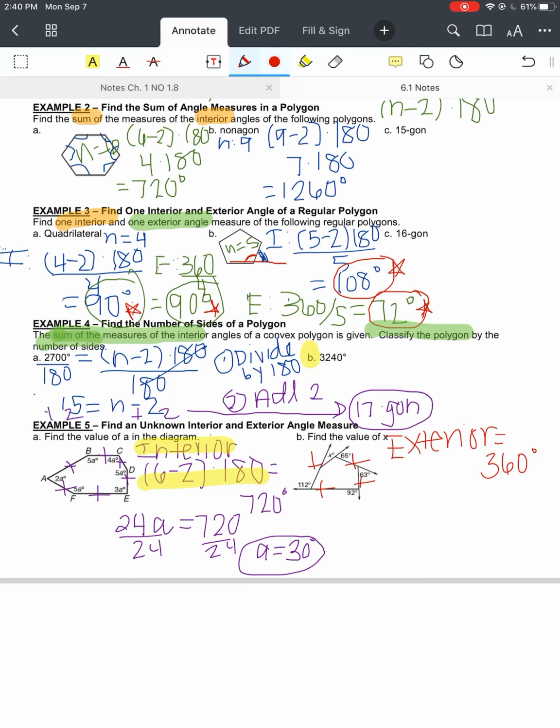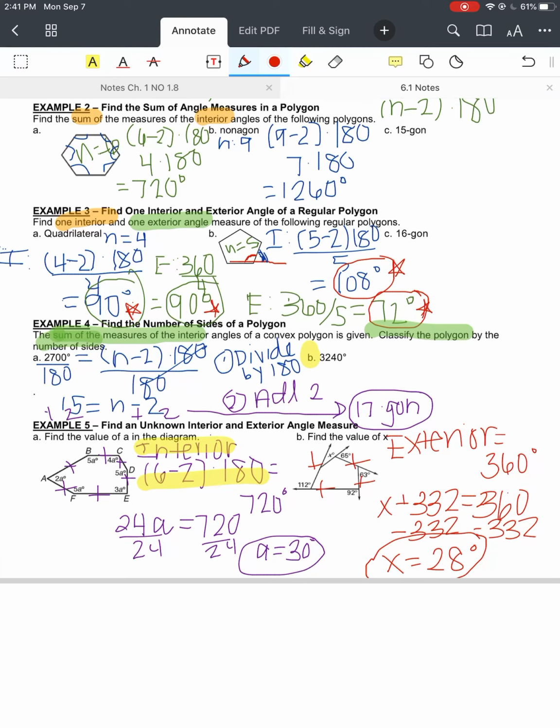Interior angles can add up to all sorts of things, not just 360. Only outside ones are. So if I add up all of these, I'm left with x plus 332 equals 360. So I can subtract 332 from both sides, and I'm left with x equaling 28 degrees.